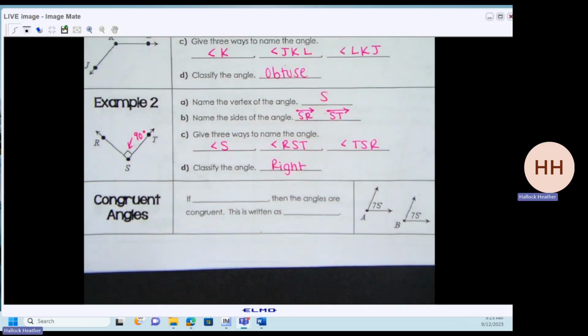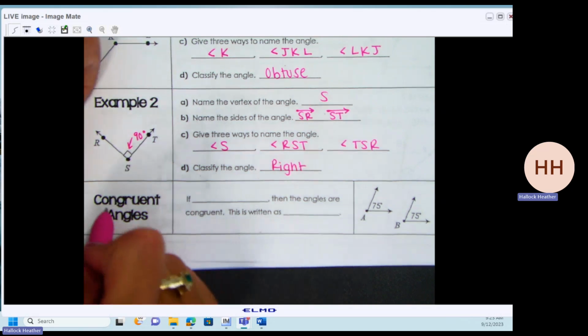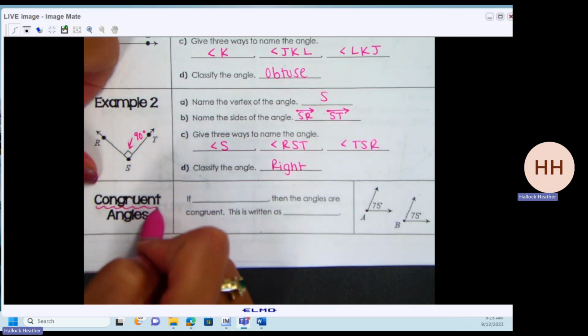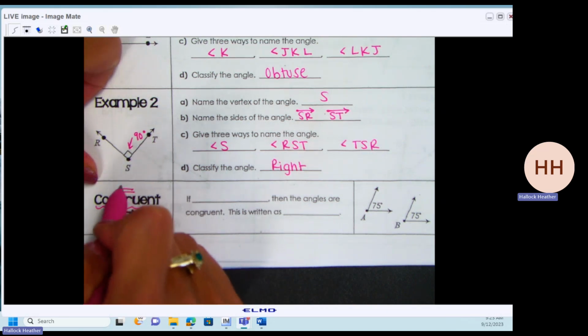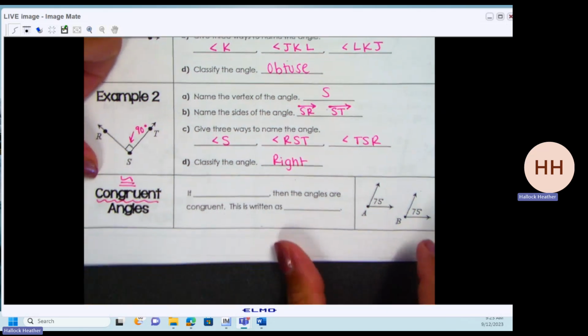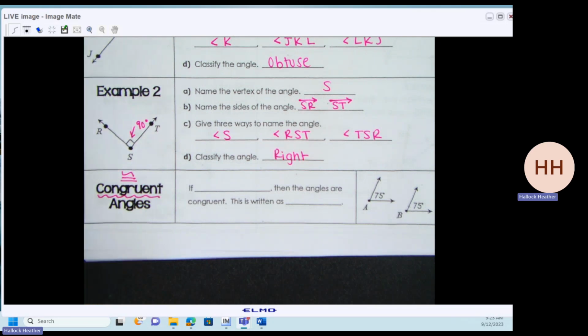Okay, so let's talk about congruent angles. Congruent is the same as last chapter. Congruent means that they are equal. So the symbol for congruent is an equal sign with a squiggle on top. That means that they are equal parts.